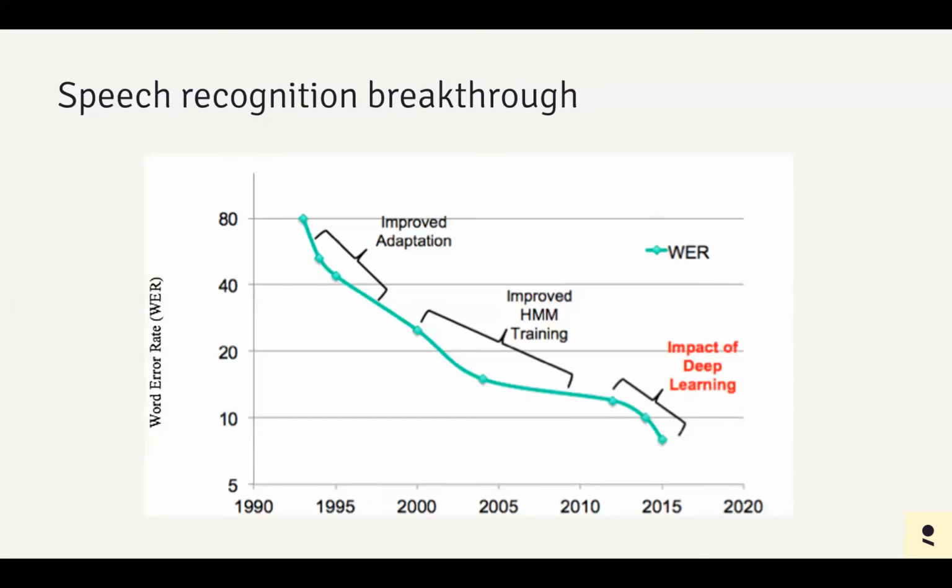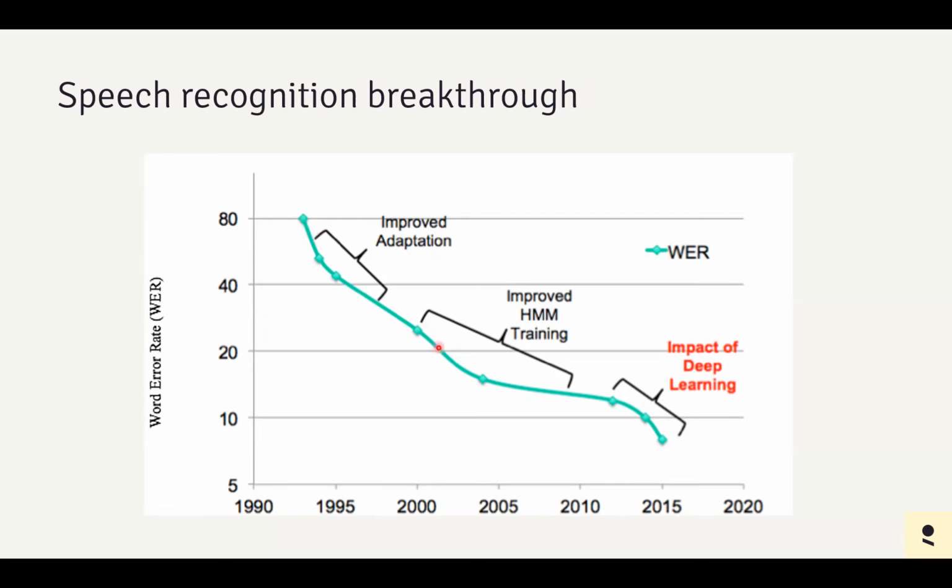And it's only in the last decade or so that this has really become a feasible task. This is a graph showing the speech recognition performance. This is the word error rate, so it's the percentage of errors that the system make. And we can see here that if we go back in the 90s, we had a very high error rate, and you can't create a conversational system with this kind of errors.